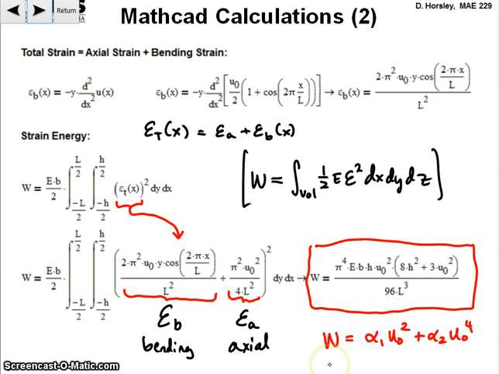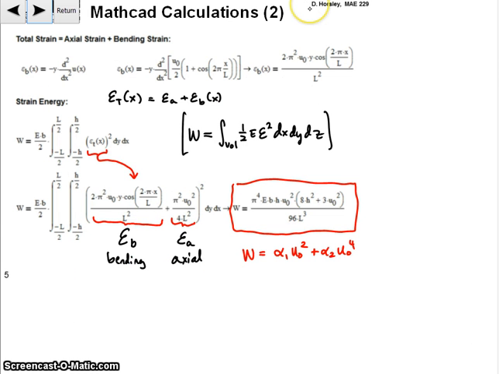And when I evaluate the derivative, dW/du naught is going to end up being 2 alpha 1 u naught plus 4 alpha 2 u naught cubed.